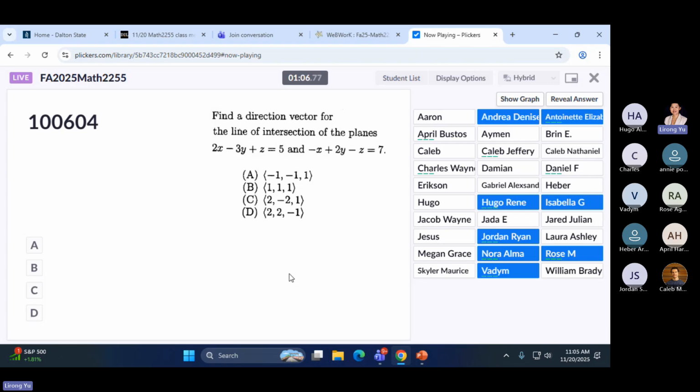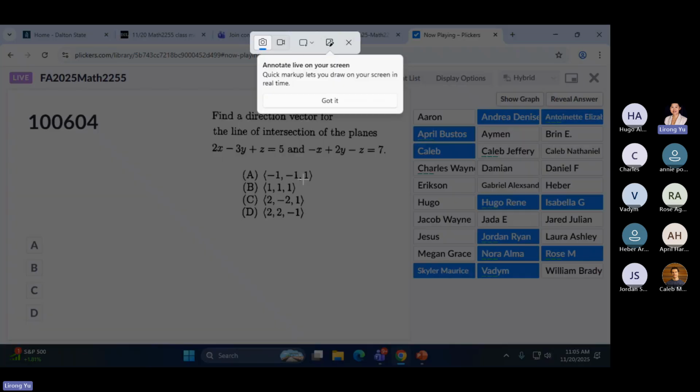That's the reason the cross product helps if we want to determine the direction of the line. This is normally the first thing we do when we determine the equation of the line at the intersection of two planes. It's a cross product calculation.